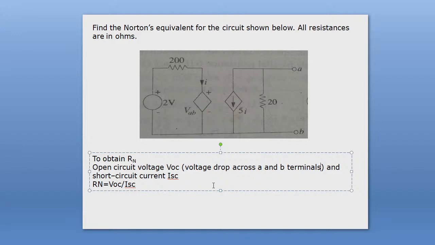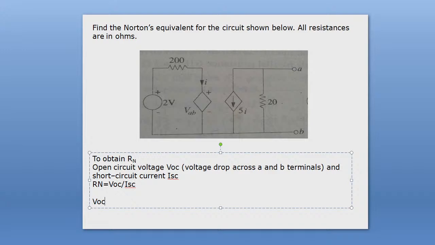So now you calculate open circuit voltage and short circuit current for this circuit. Okay, so open circuit voltage equal to how much? You tell me what will be the value of open circuit voltage.